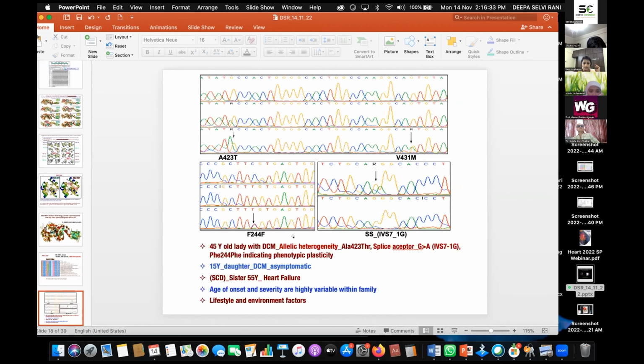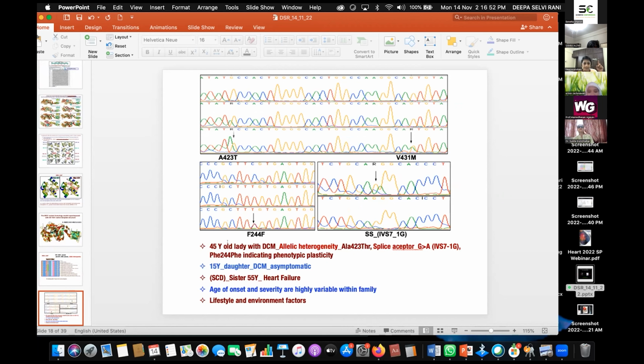We found an alanine to threonine mutation, one splice site variation, and one synonymous mutation in the DCM patient. But the HCM patient carried only one, that is valine to methionine.